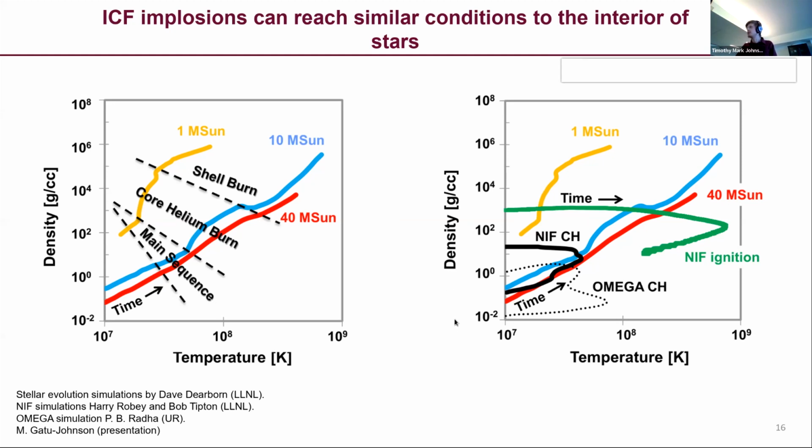We can do simulations for ICF implosions and overlay what region in density and temperature space they're able to achieve. You see on the right-hand side that they're getting to very similar conditions to the interior of these stars. That really enables us to do these experiments and make observations about what's happening inside of the core of the sun, for example.